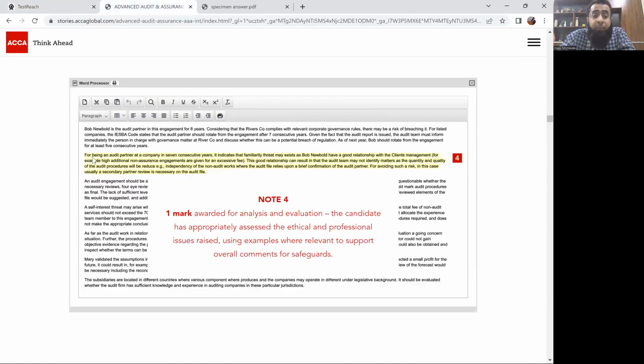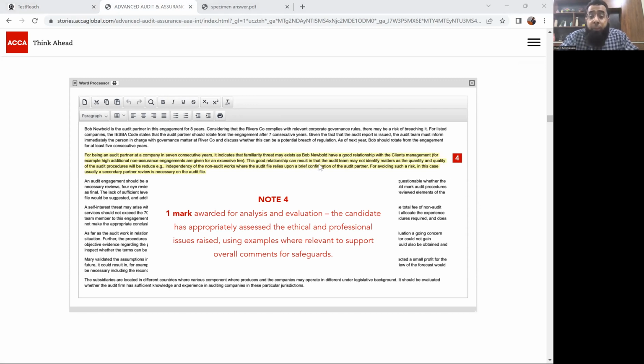So if you look at it, for being an audit partner at a company for 7 consecutive years, it indicates that a familiarity threat may exist, as Bob Newbold has a good relationship with client management. For example, high additional non-audit assurance engagements are given for excessive fees. If you remember, he was provided with non-audit service also.